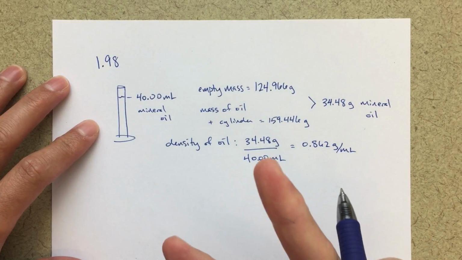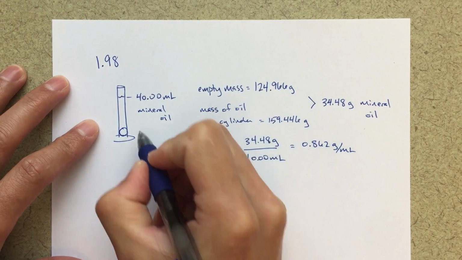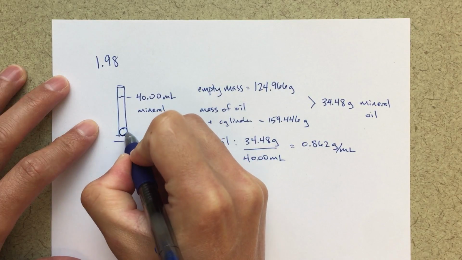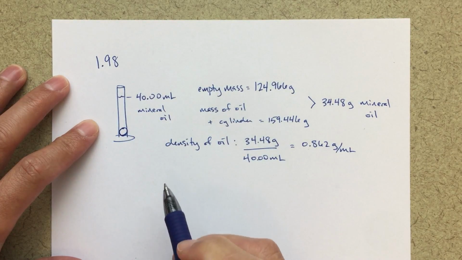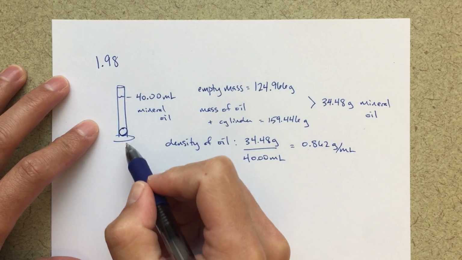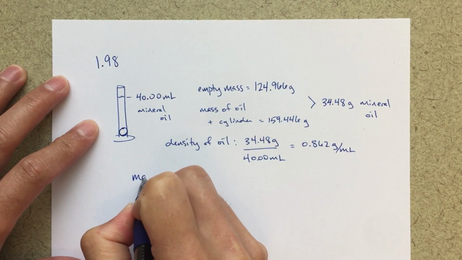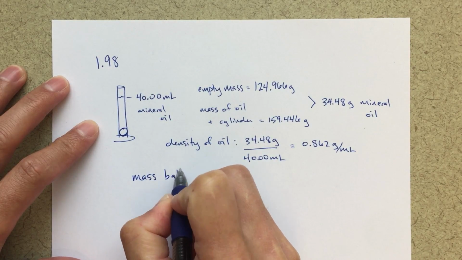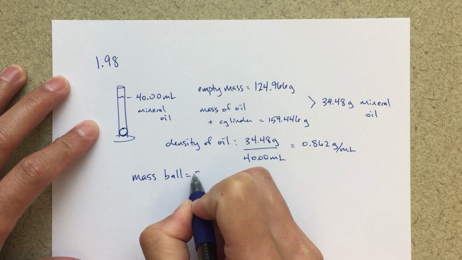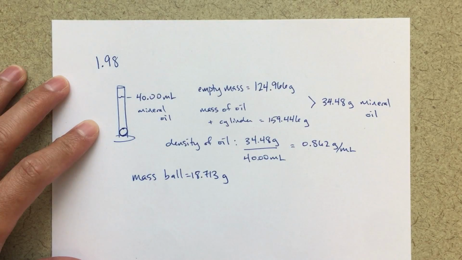And then the next part of the question says we're going to put in a little ball. I forget exactly what they call it in your textbook, but basically you put in a little metal ball, and then you fill this back up with mineral oil. So the information about the ball tells us that the mass of the ball equals 18.713 grams.